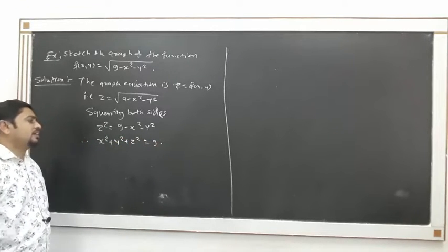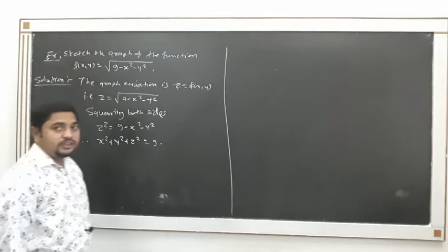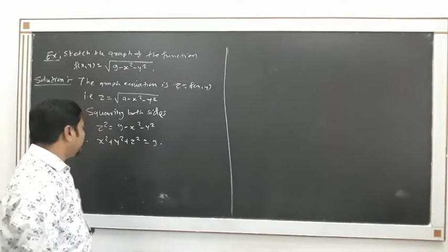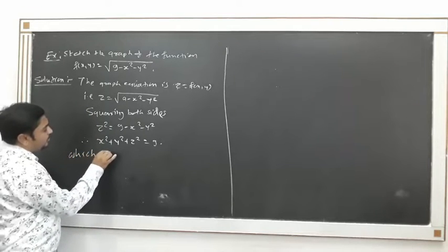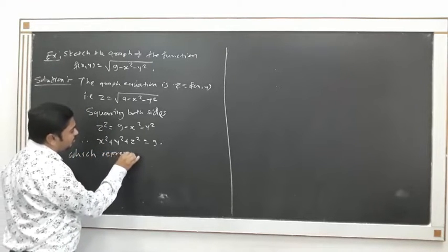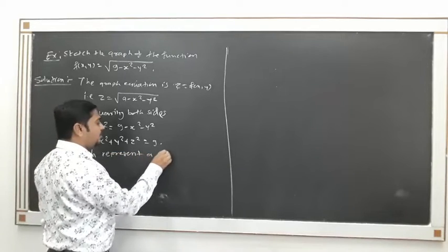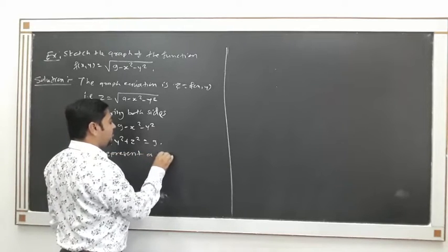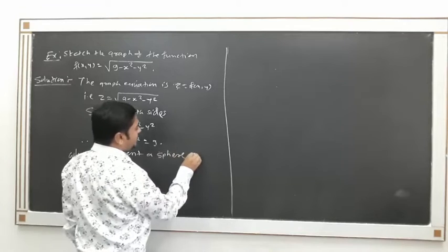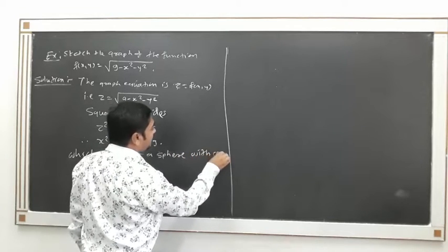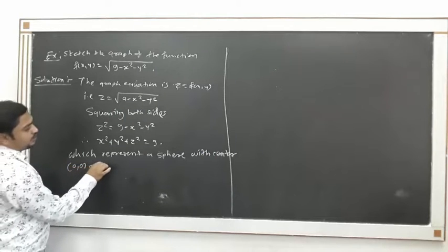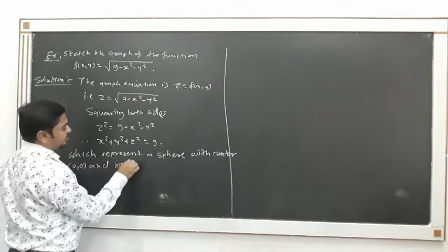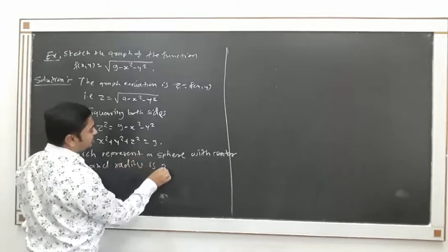So what does it represent? Can you think? Try to remember this. What is it? It is an equation which represents a sphere with center (0, 0, 0) and radius 3.